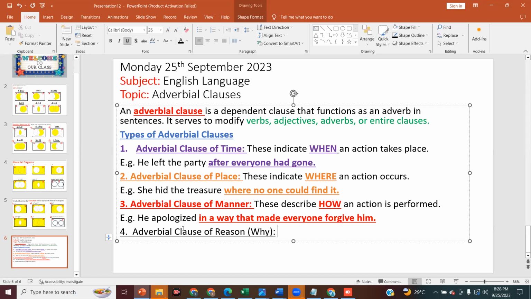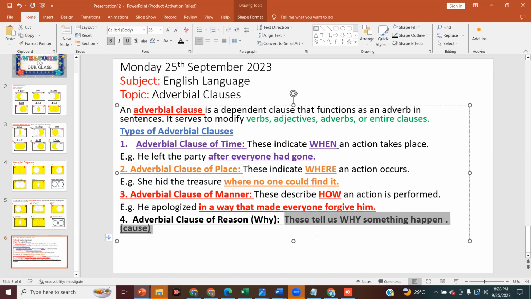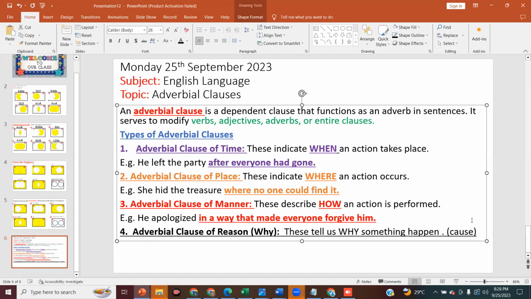So basically, we're using the four W's and the H. These tell us not the purpose, but the reason, the cause of something. So we have where, we have why, we have how.